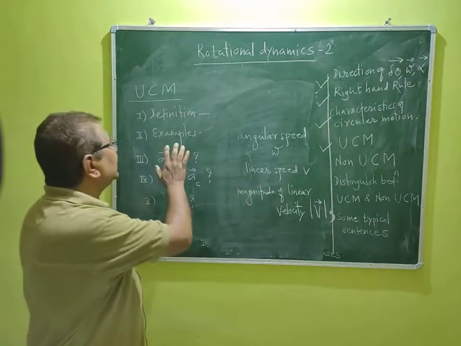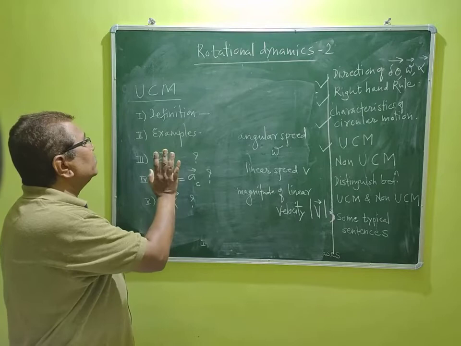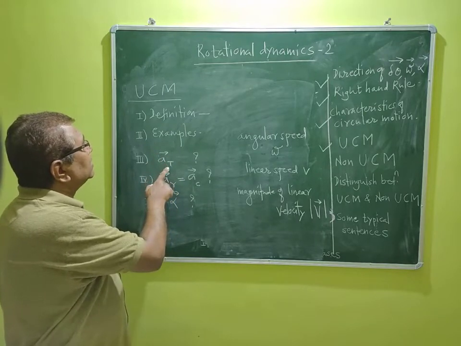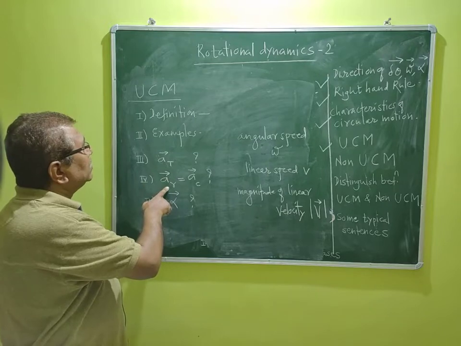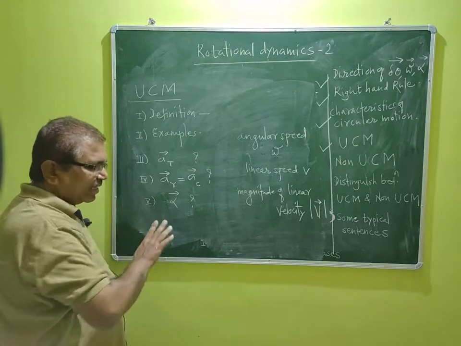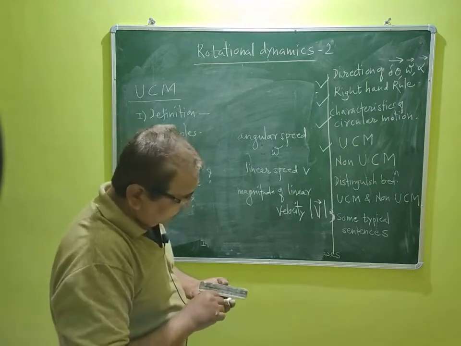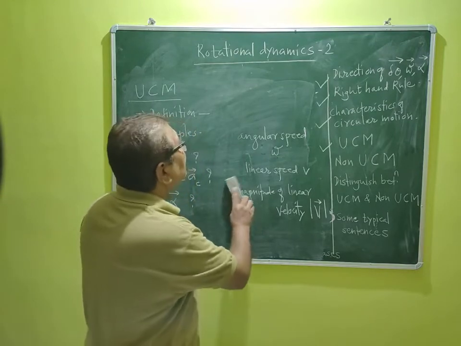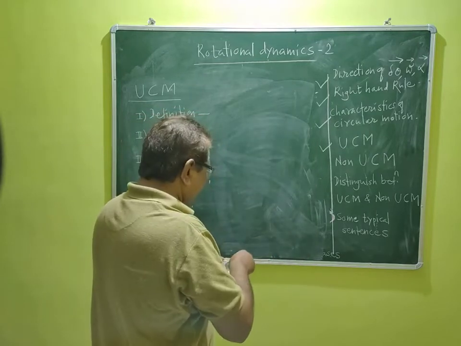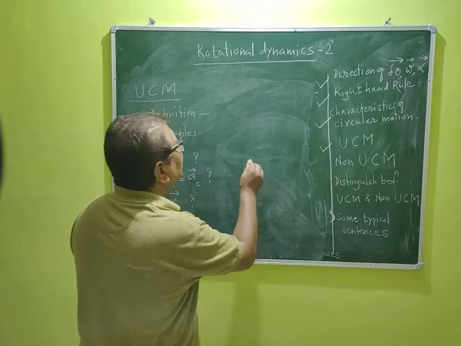So these are some examples. Then we will have to learn what is tangential acceleration, radial acceleration, and angular acceleration alpha. For that purpose, in uniform circular motion, I will draw a diagram again like this.